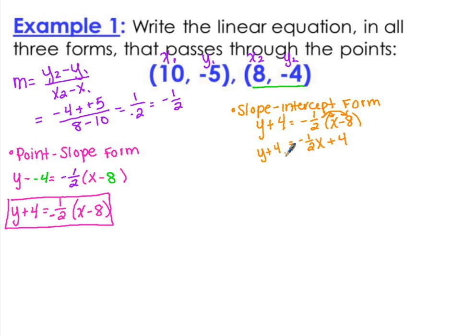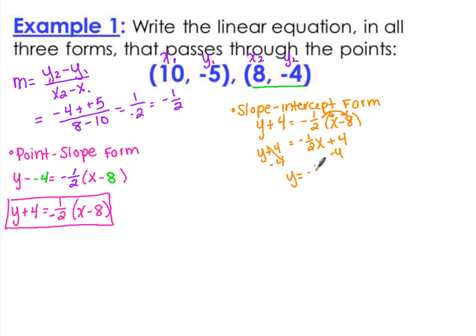So now I need to move this 4 to the other side, so I'm going to subtract 4, because again I'm trying to get y by itself, so I have y equals mx plus b. When I do that, make sure you subtract the 4 from the constant and not the one with the variable on it, because negative 1/2 x and 4 are not like terms.